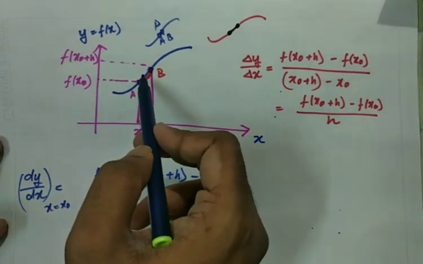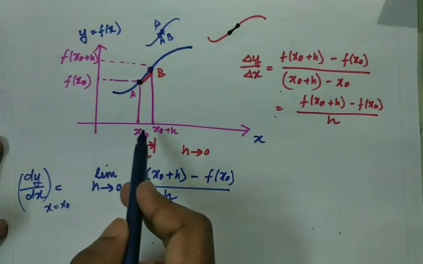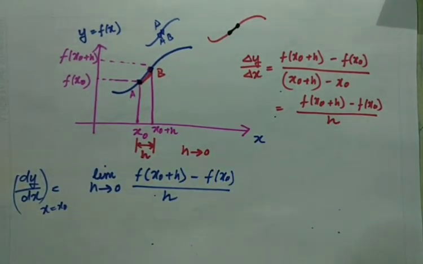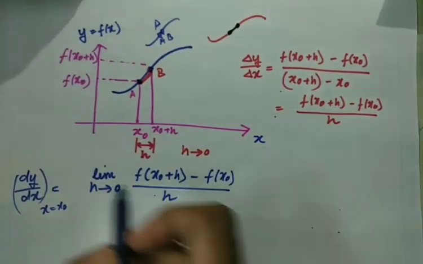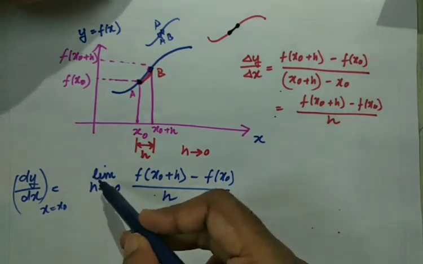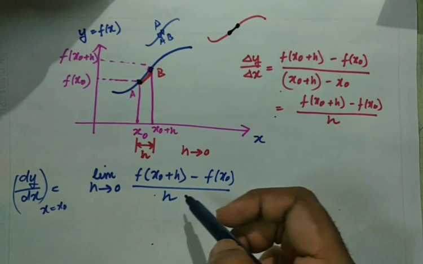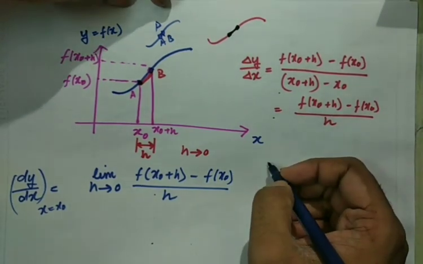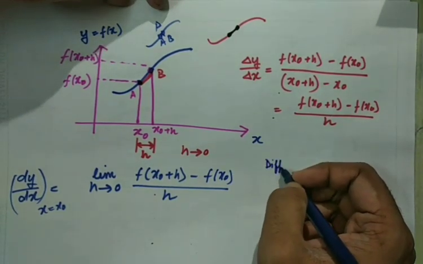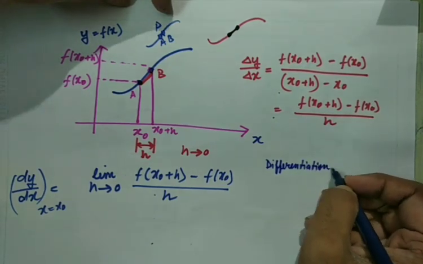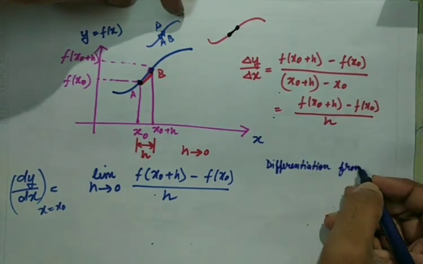At this point, x is equal to x naught. These two are very close to each other, so we'll consider them as the same point, just for consideration. So this will be limit h tends to 0, f of x naught plus h minus f of x naught by h. This is called differentiation from first principle.